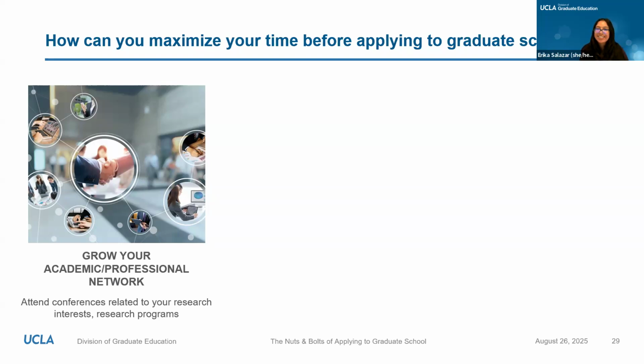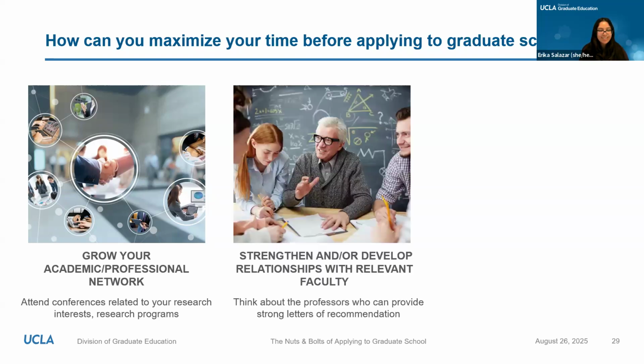You want to start connecting with people in your field, faculty in your field, other students in your field to grow and expand your network. So make sure you also lean into informational interviewing or academic informational interviewing. And of course, you want to strengthen and or develop relationships with relevant faculty. You want to think about professors that can provide strong letters of recommendation.